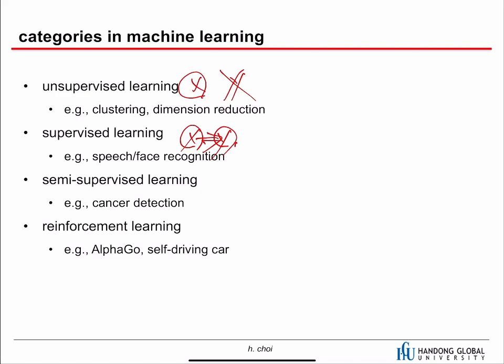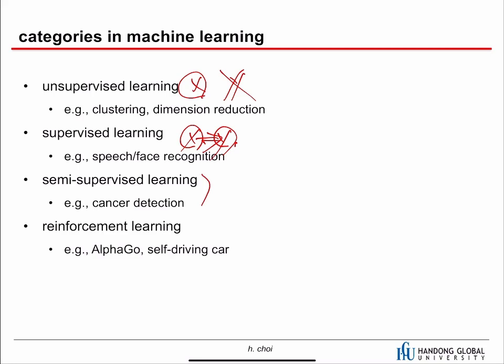Okay, and the next one is semi-supervised learning. Semi-supervised learning is kind of in the middle of unsupervised learning and supervised learning. So some data samples have X and Y, but most of the data samples don't have Y. So in that case, we have to think about semi-supervised learning. Even though in practice semi-supervised learning is really popular, in theory in the textbook we don't have this that much.